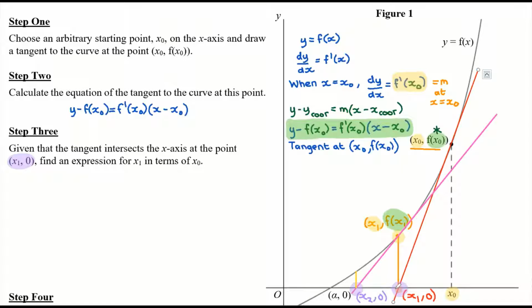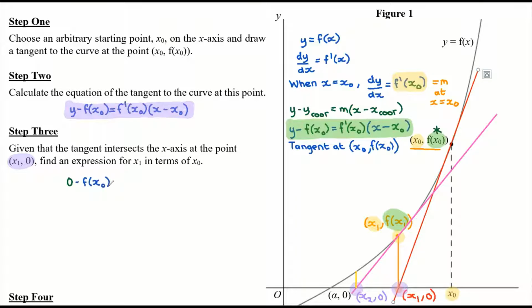So I can actually sub that pair of coordinates into my equation for my first tangent here, which is the red line. So if I do that, let's see what happens. So x1 is the x coordinate, and 0 is the y coordinate. So I'm going to have 0 first of all, subtract f of x naught.